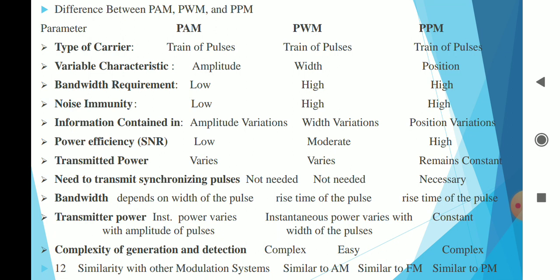Complexity, that is generation and detection of a signal, is easy in the case of PAM, whereas in the case of PWM and PPM it is somewhat complex. These are similar to AM, FM and PM. These are some of the differences between the three types of pulse modulation techniques.